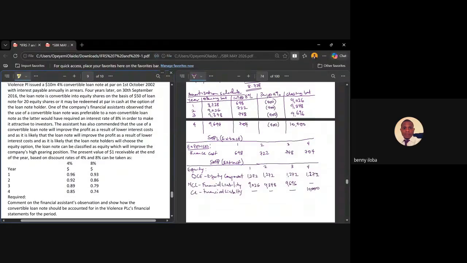Is it that you confused us or convinced us? Here we'll be making payments, so part of the principal will be paid.